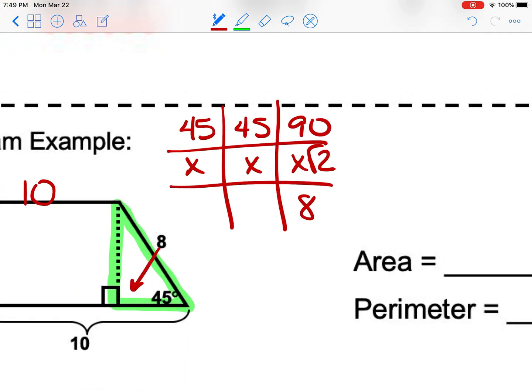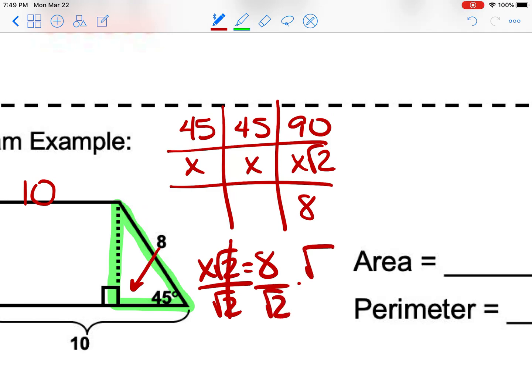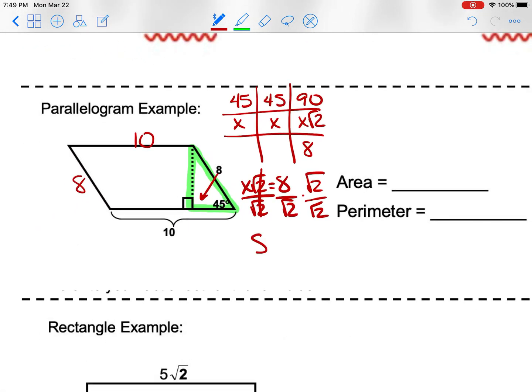And so that's not what it's supposed to look like, so that's when we set up our equation and divide by the square root of 2, which ends up multiplying by the square root of 2, and so we get 8 square root of 2 over 2, which does give me 4 square root of 2. We saw this when you were working with your regular polygons. Okay, so that tells me that this right here is 4 square root of 2.